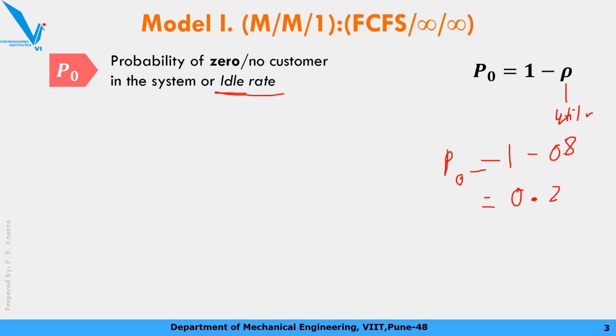Idle मतलब सर्वर कब idle रहेगा, जब no customers are present. We are not dealing with the state bank, right? कि कस्टमर बैठे हैं फिर भी ब्रेक ले रहे हैं, कुछ काम नहीं चल रहा, आइडल सिस्टम है. So in the realistic situation, probability of zero or no customers you can calculate by 1 minus rho.